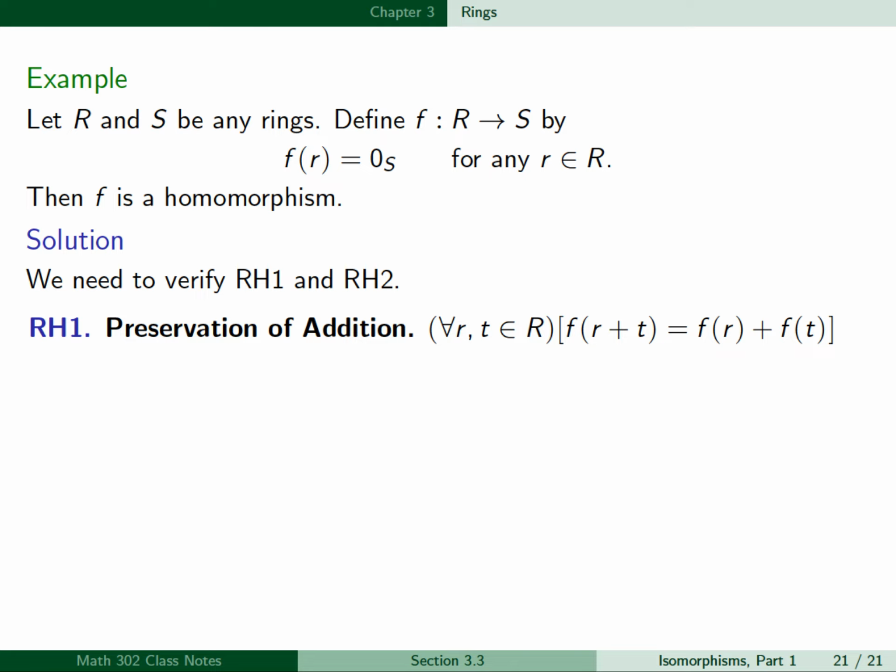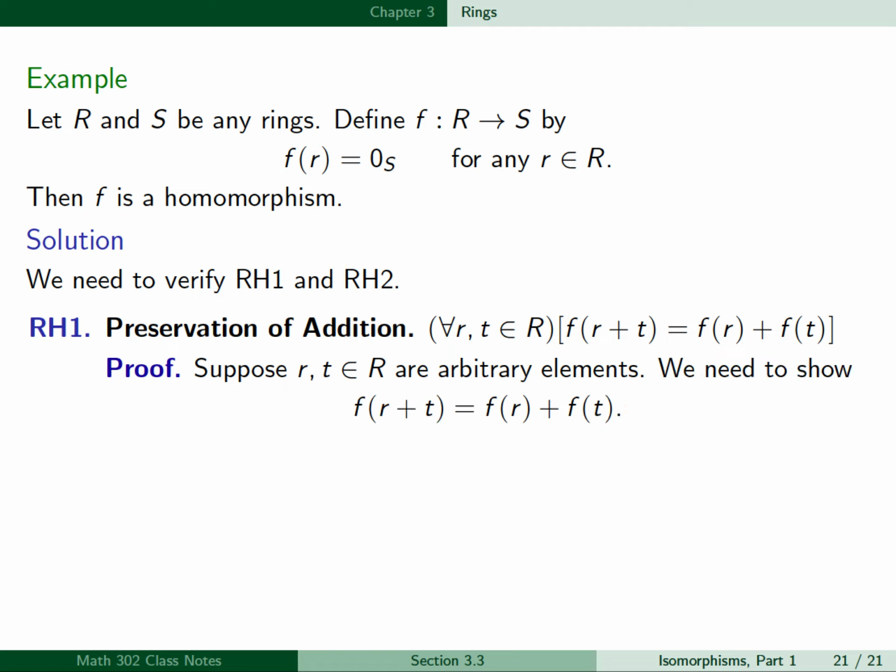And so to prove this, we need to show for all r and t in R, f(r + t) is equal to f(r) circle plus f(t). So for the proof, we'll suppose that r and t in R are arbitrary elements. We need to show f(r + t) is equal to f(r) circle plus f(t).